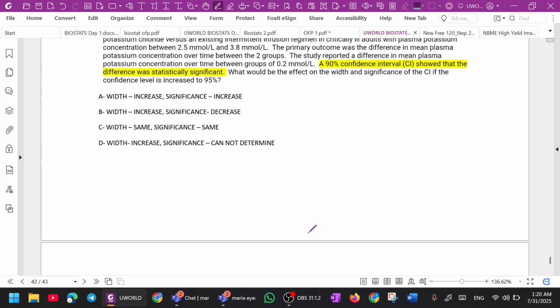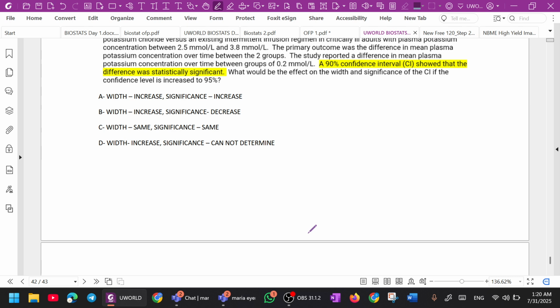Okay, so he did the study. He gave you a confidence interval, and he said the 90% confidence interval showed that the study was statistically significant. He didn't give you the actual interval. So now he's saying, now I'm increasing the confidence level, instead of 90, 95 basically.